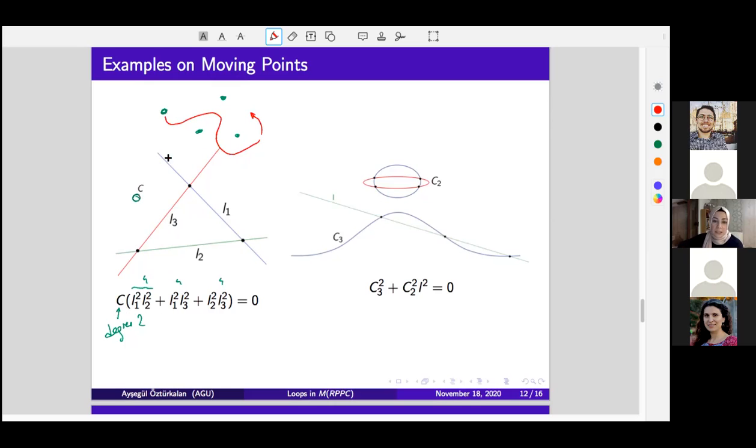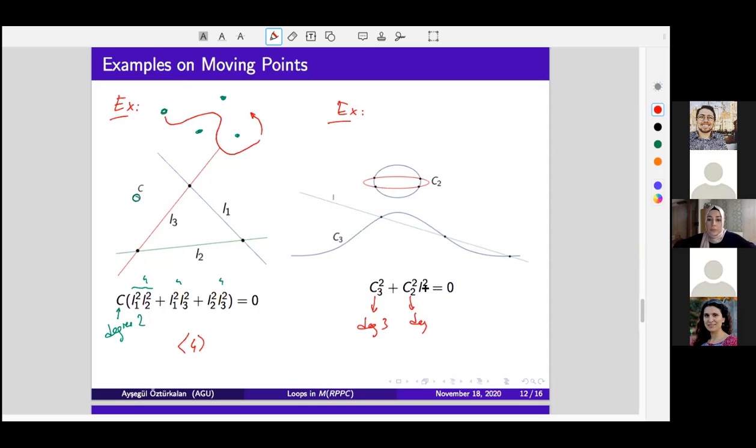So it is easy to see that. But this is a movement in 4 point space, 4 oval space. For degree 6 curves, we can say this movement. Okay, another example. As another example, consider this curve. Here, this C3 is degree 3, and this is degree 2.